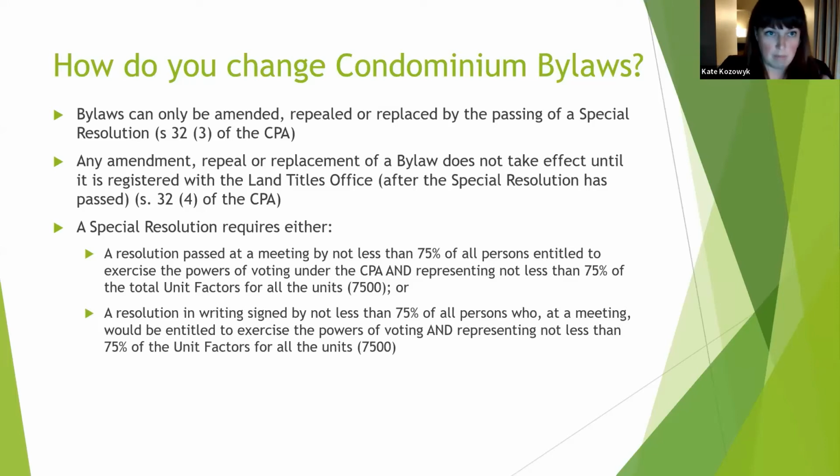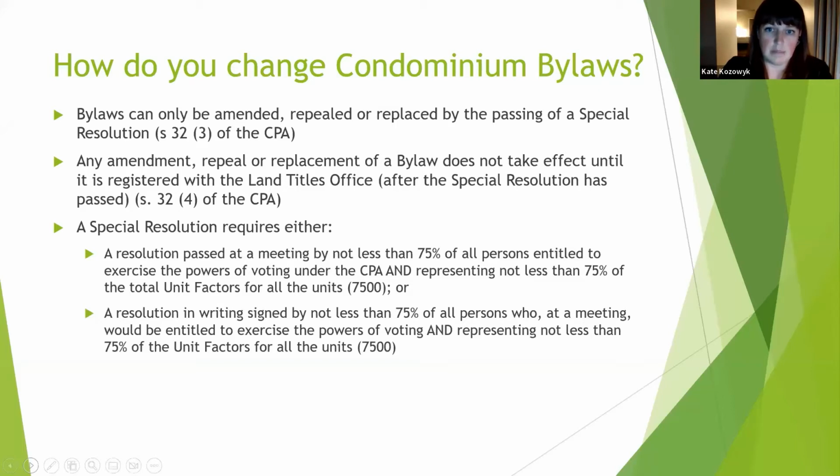So that wouldn't pass. You need both the 75% of units and unit factors. Once you have that and you've achieved the required number of special resolutions, then the board executes the certificate of special resolution, and the certificate and the bylaws are sent to the land titles office to be registered.